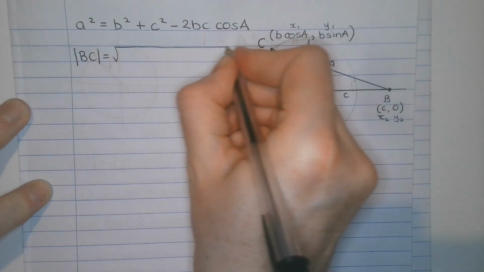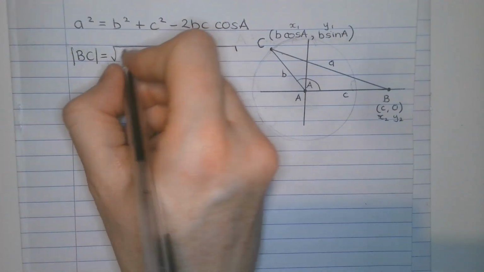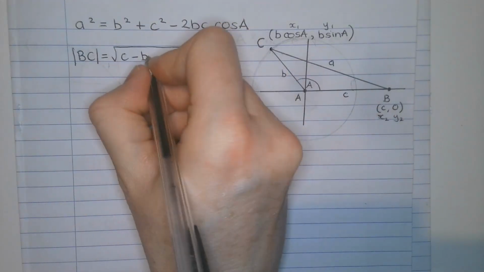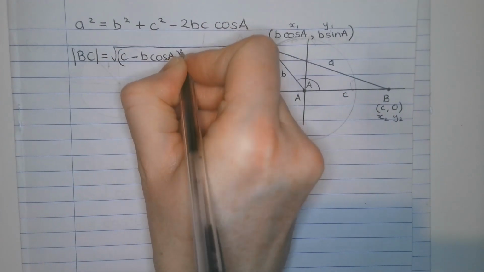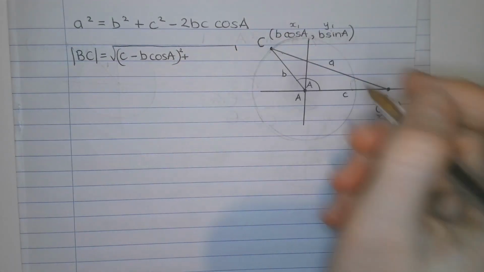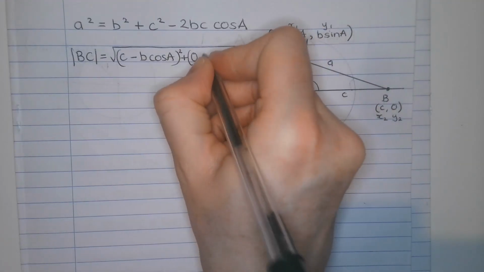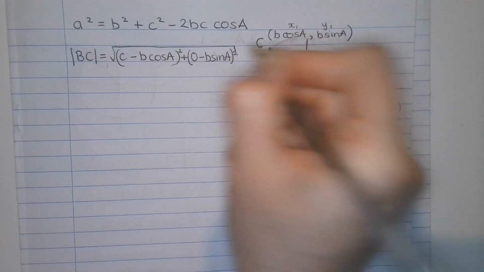So it would be the square root of x2 minus x1, all squared, plus y2 minus y1, all squared.